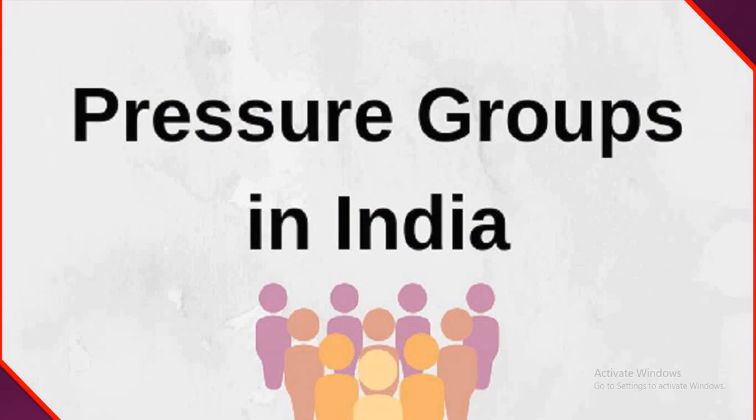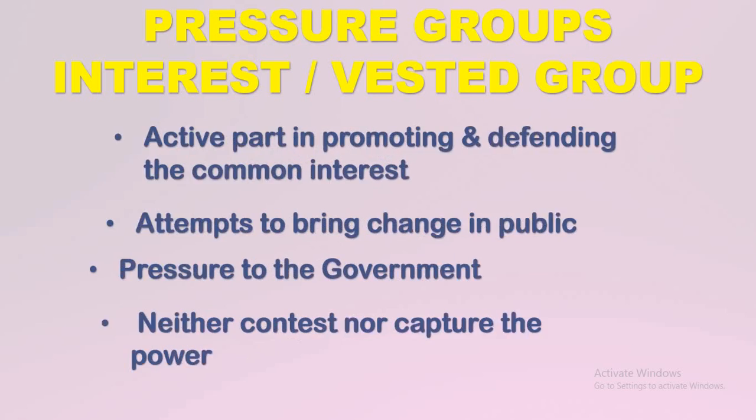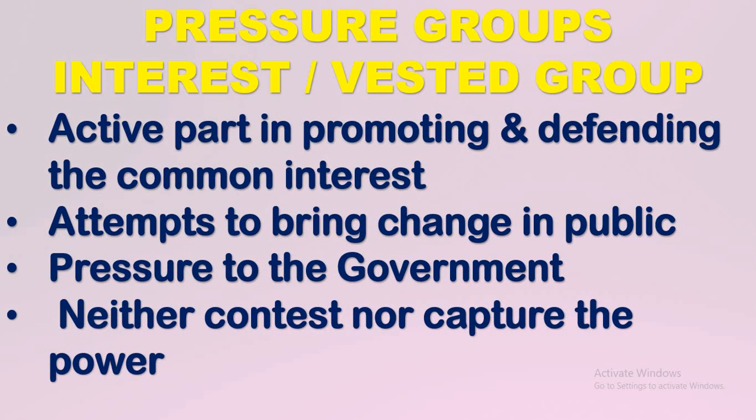Okay, we'll see about the pressure groups in India. The pressure groups are otherwise called interest groups or vested groups. Who were they? Why did they want to be called so? They take active part in promoting and defending the common interest.